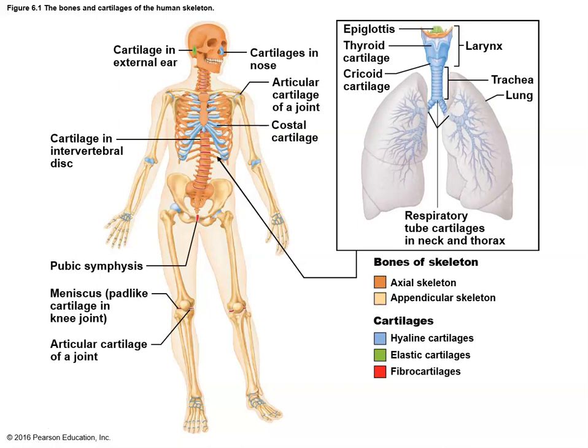So up here with the lungs and the respiratory system, at the very top we find the epiglottis, and that's a flap of cartilage that decides, does this thing coming down the throat, does it go down the trachea to the lungs, or does it go down the esophagus to the stomach? And that's a really important decision to be made there, and so that cartilage carries out that function.